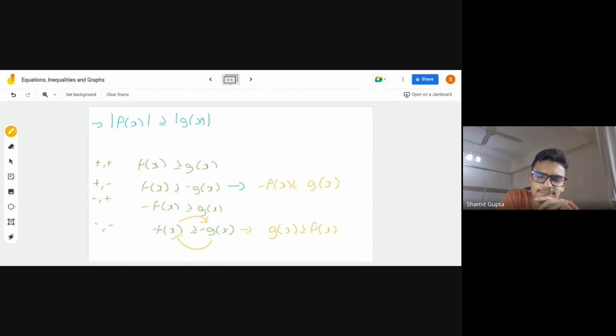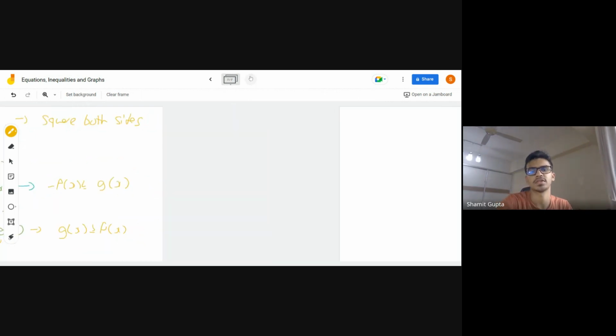So in these cases there are four different situations, and some situations might not even be accepted because of many complications. So in this case, just square both sides. But again, be careful when you're squaring both sides because of the reasons I've told you earlier. Okay, so I hope that part was clear.